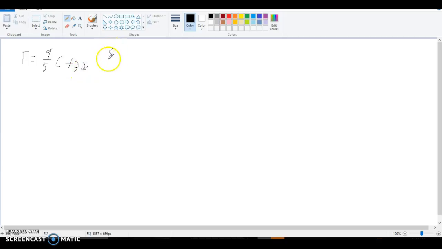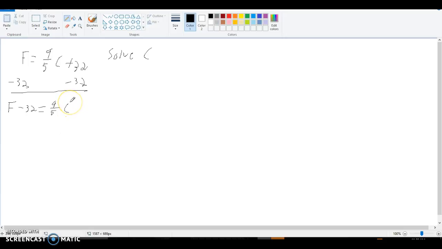So we want to solve for Celsius. So we're going to subtract 32 from both sides. And we'll get Fahrenheit minus 32 equals 9/5 Celsius.